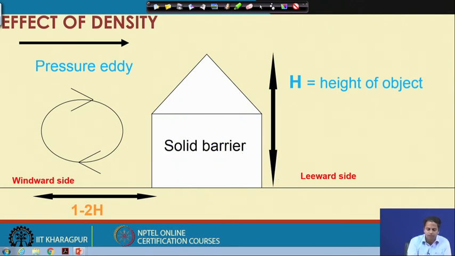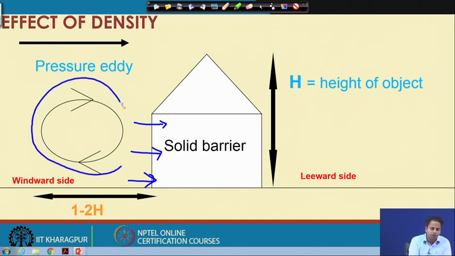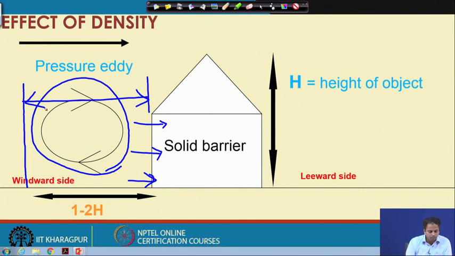It is not able to pass through this solid barrier, and there is a formation of pressure eddy over this region. Because of this pressure eddy, we can see some reduction in wind speed here. This effect of pressure eddy can be visible to a distance of 1 to 2 h on the windward side.